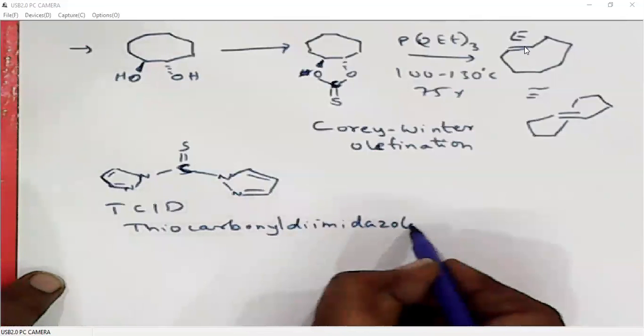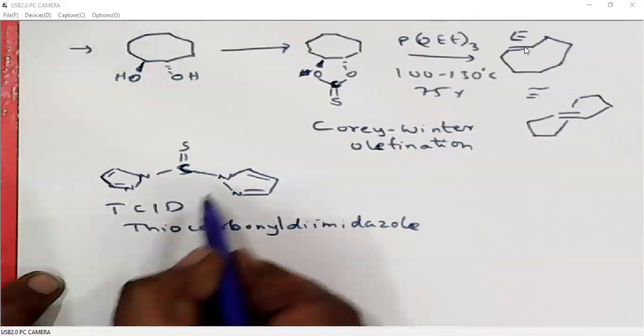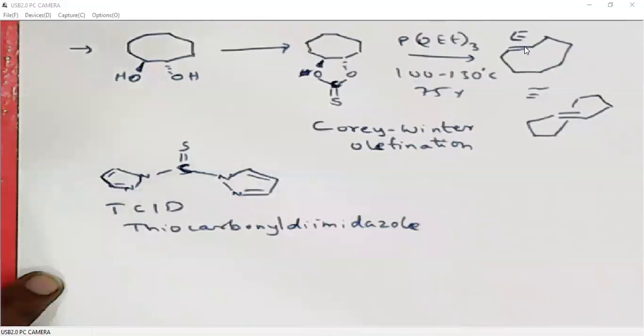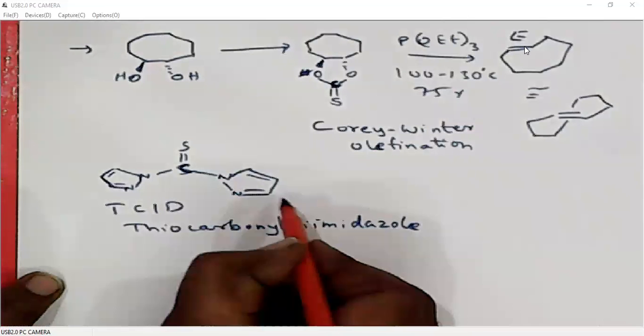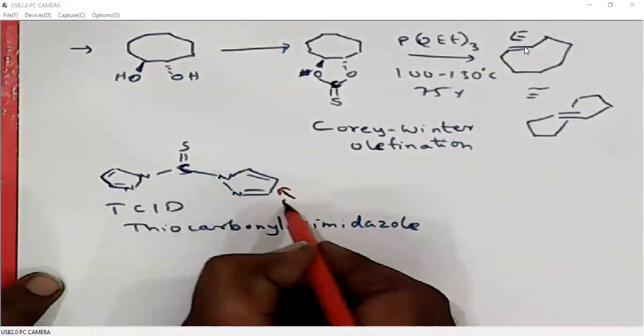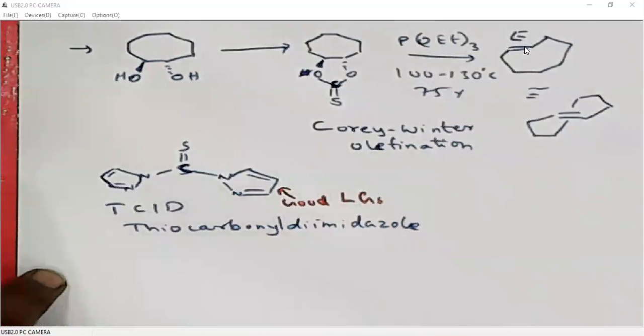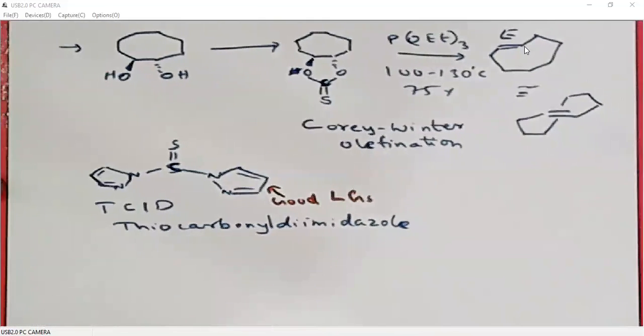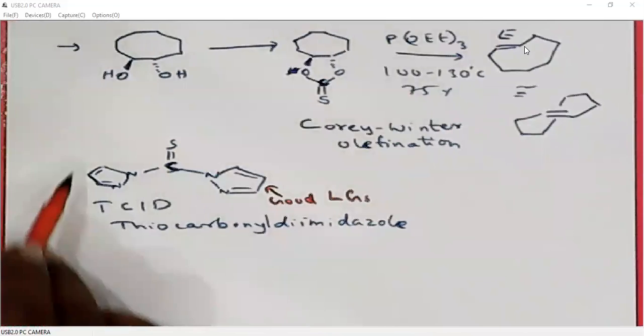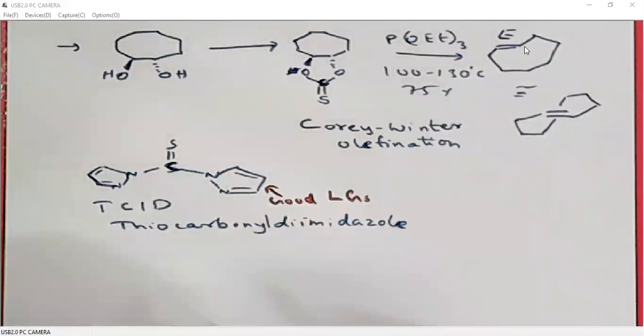The beauty of this reagent is that these two imidazole groups are good leaving groups. That means we can easily convert 1,2-diols to thioesters using this reagent.